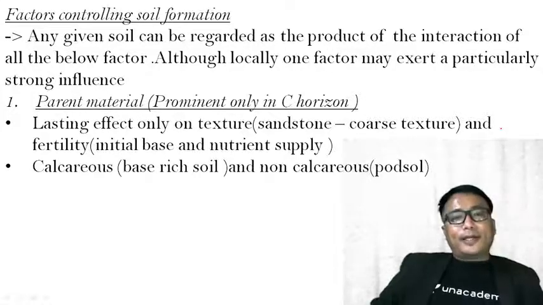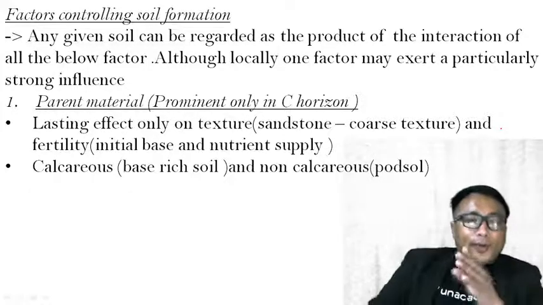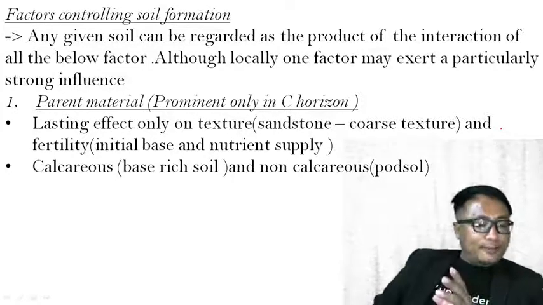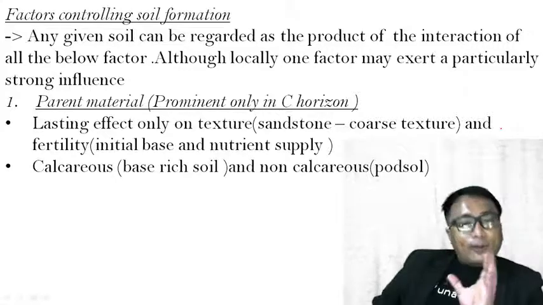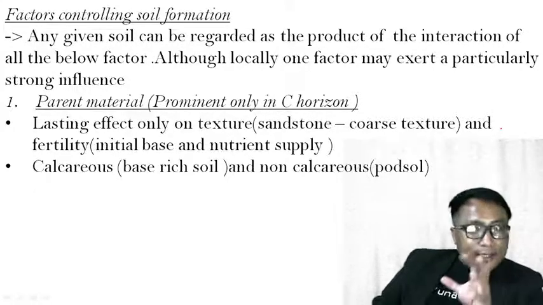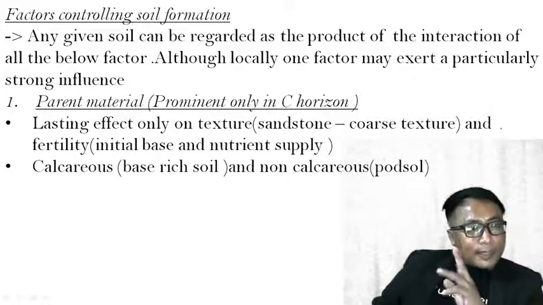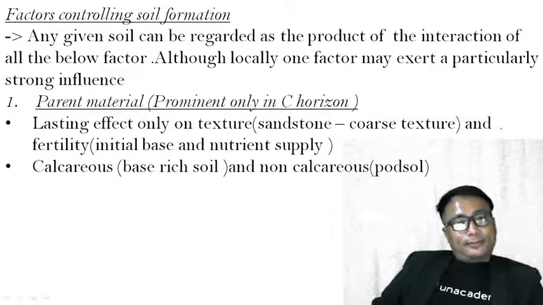Please be very, very clear. Podzolization, gleying, lateralization, all of those were the processes of soil formation. Now what we are going to discuss is the factors controlling this soil formation. Number one, parent material.